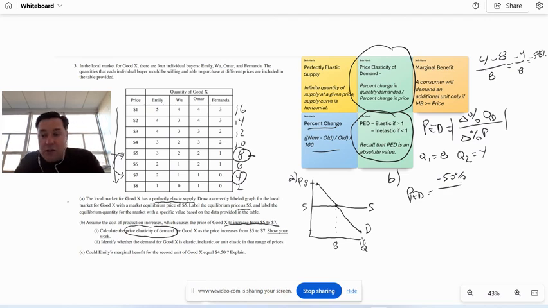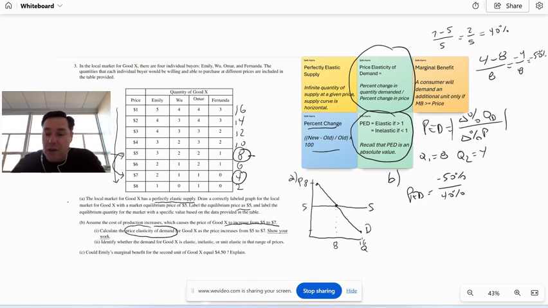All right, we still are not done. We have to calculate a percent change in price, which we know went from $5 to $7. All right, so our new price is 7 minus 5 divided by 5. Okay, so we're going to get 2 over 5, which is 0.4. We're going to multiply that by 100 and get 40%, positive 40%.